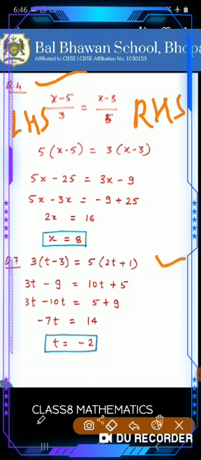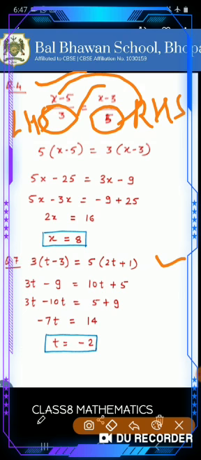We will do cross multiplication. What is cross multiplication? The denominator of the first fraction will be multiplied with the numerator of the fraction on the right hand side, and the denominator of the right hand side fraction will be multiplied with the numerator of the left hand side. Is this clear, children?